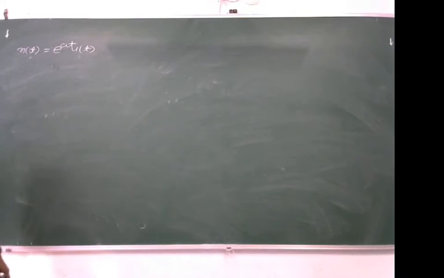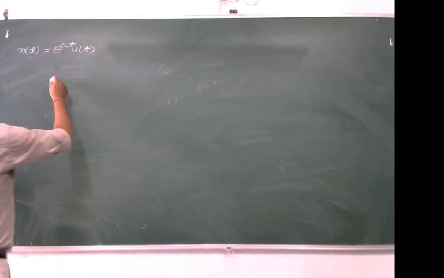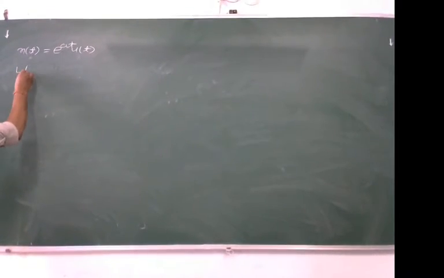We cannot find the Fourier transform, but we can find the Laplace transform of such signals with certain limitations on sigma. So what will be the Laplace transform of this function?